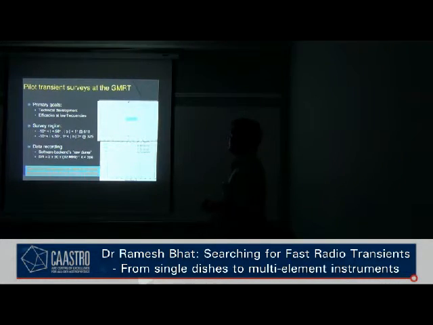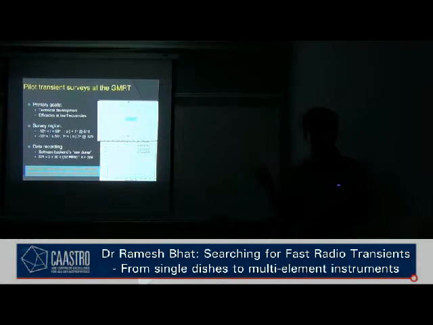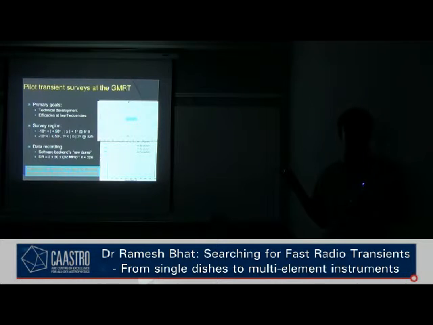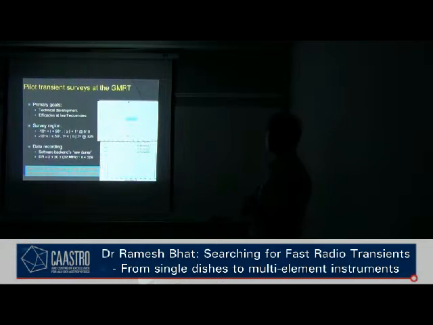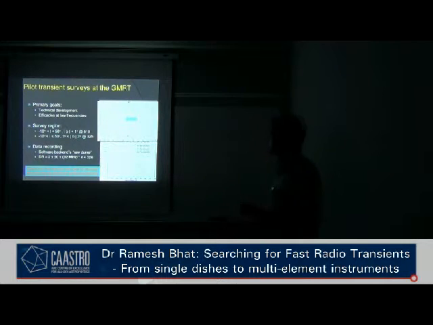So we did a survey of a small region of the sky, not using this particular mode, but essentially to collect data that can feed back into developing all those processing and analysis pipelines. We covered about 400 square degrees on a part of the sky where you think there are already known transient emitters.